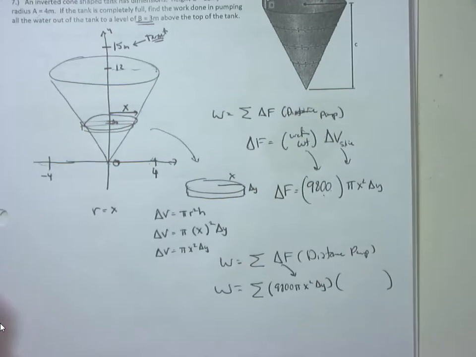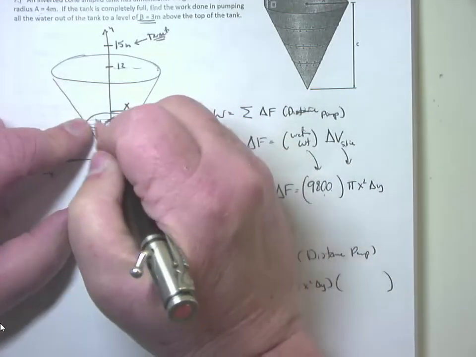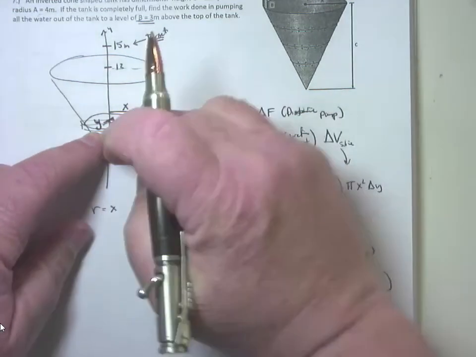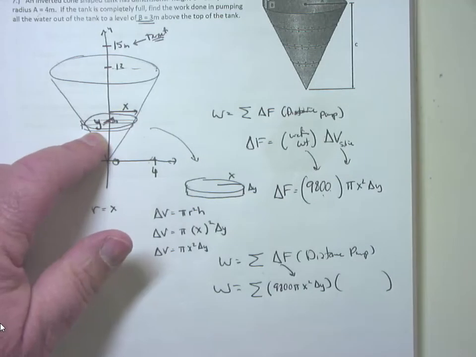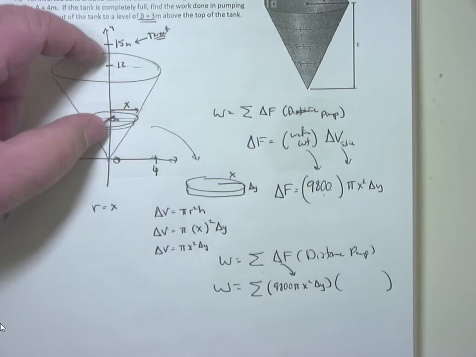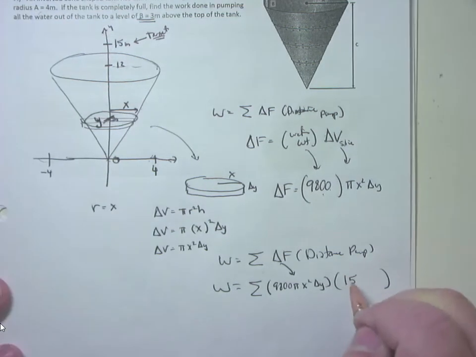Catch a pattern. I made a slice somewhere in the middle of my tank, at an arbitrary y level. My goal is to take this level of liquid and pump it. Where am I trying to get it? 3 meters above the top of the tank, relative to my coordinate axis. Where's that at? 15. So what is this distance right here? Top minus bottom. What is it? 15 minus y. There's a pattern with this stuff.